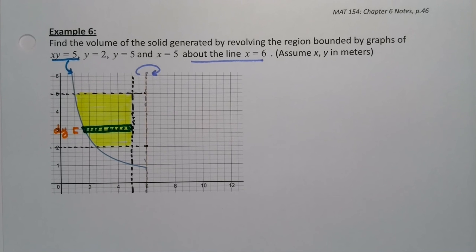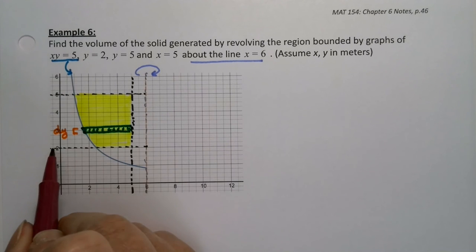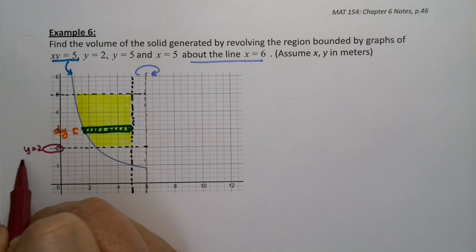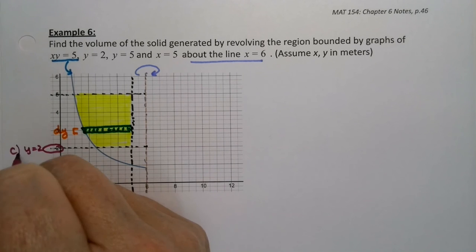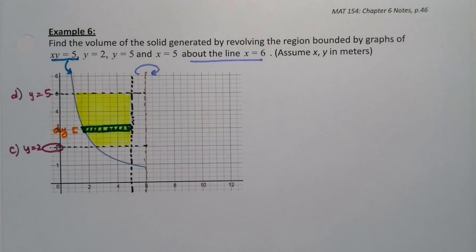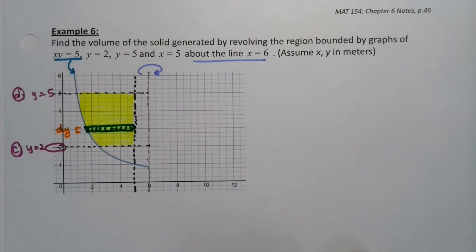If we're integrating with respect to y, that also tells us what our boundaries are, because we're going to go from this y value, that's our c, to this y value, which is our d. C and d being the limits of the volume integral when we're rotating around a vertical line as our axis of rotation.